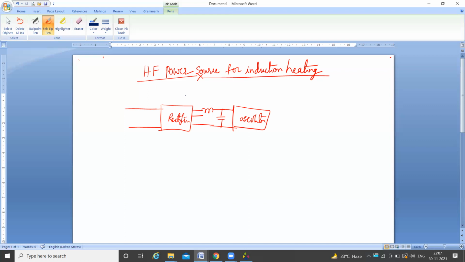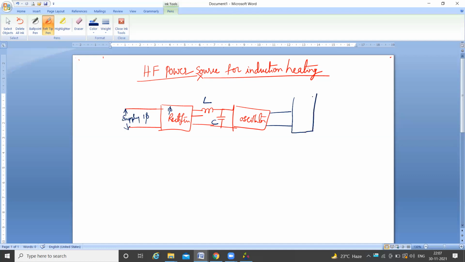And we see the block diagram of a high frequency induction heating electronic heater here. The supply is applied to the rectifier, a single phase rectifier. This L and C is the filter, and this filter output is given to the oscillator. The oscillator output is connected to the work coil.